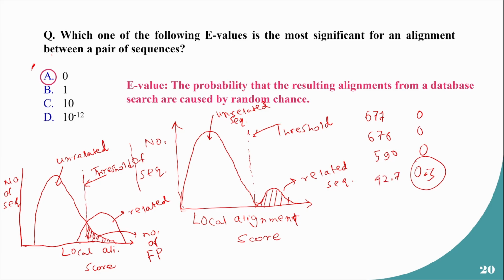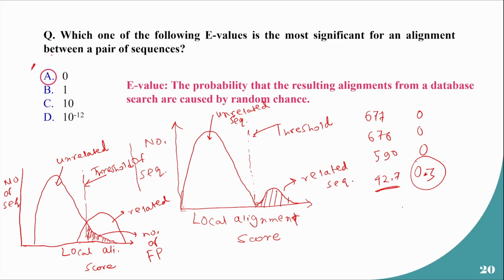So here, what the 0.3 value will indicate is that a score of 42.7 or better can be expected to occur 3 times in 100 by random chance. So you can just think of it like that: if out of 100 times, 3 times I am getting this particular score, it might not be the most reliable one, right?